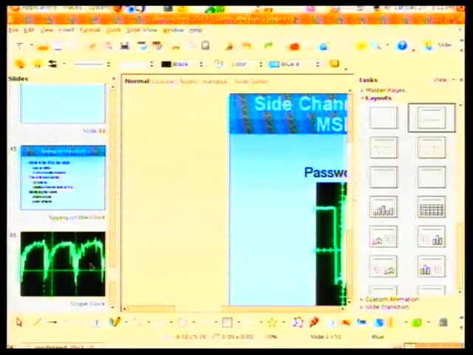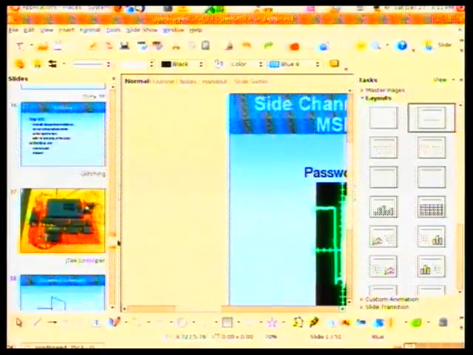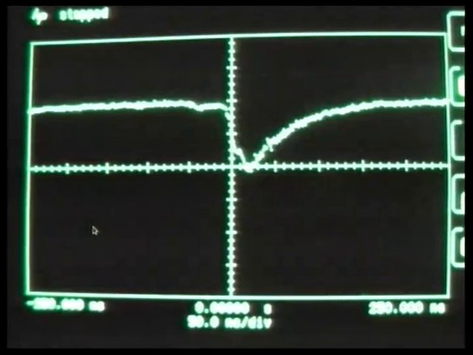Yes? How long did you say the timing glitch on the voltage rail had to be? I've had luck with about 45 nanoseconds. Oh, and you managed to generate that with the muxes and an MSP430. What speed's the MSP430 running at? If I jump back to the picture, no, that's not it. I'm not sure how much of this is affected by the capacitance of my probe, but you'll see that it's not a very square drop.